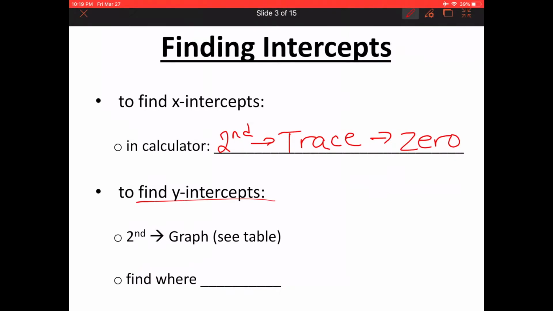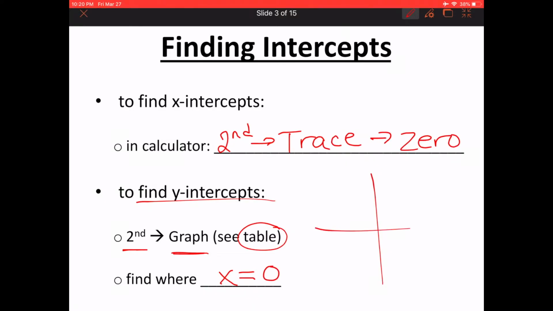To find the y-intercepts, this is a little bit different, because there is no calculation that we can just put into the calculator. So we have to do a little bit of thinking and investigating ourselves. So we press second graph in the calculator, and we want to look at that table, because the y-intercept happens where x equals 0.